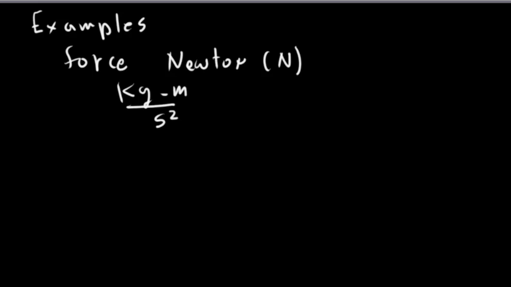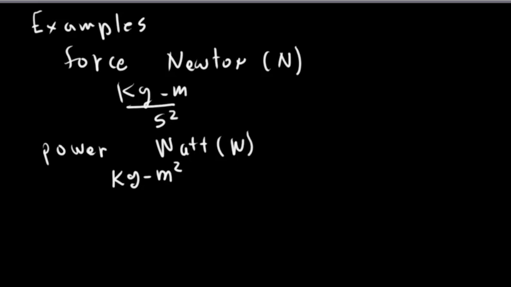Another common unit would be power, and that's going to be a unit of a watt, abbreviated with the big W, and that's going to be kilogram, meter squared, per second squared. So you can see we can use those 5 fundamental units to come up with a higher order of units such as force or power or 1,000 other things. So it's very handy.